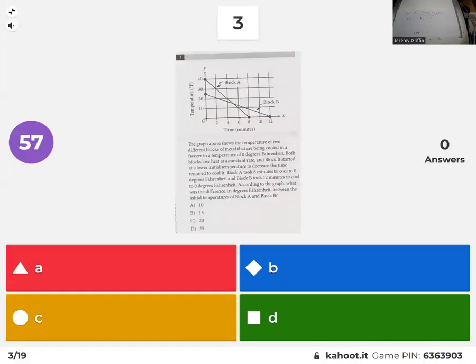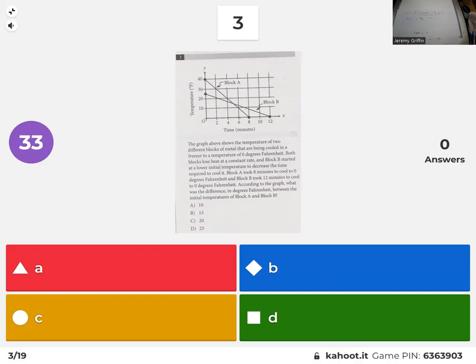All right, so this one says the graph shows the temperature of different blocks as a function of time. Both blocks lose heat at a constant rate, at different rates. Block B started at a lower initial temperature. Okay.